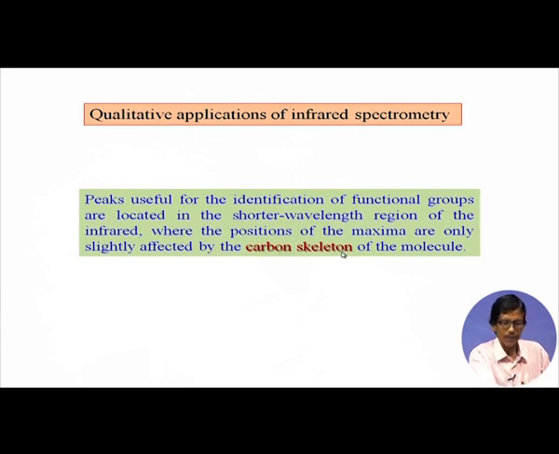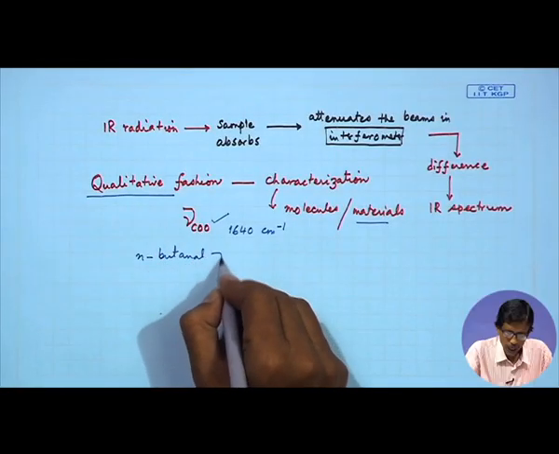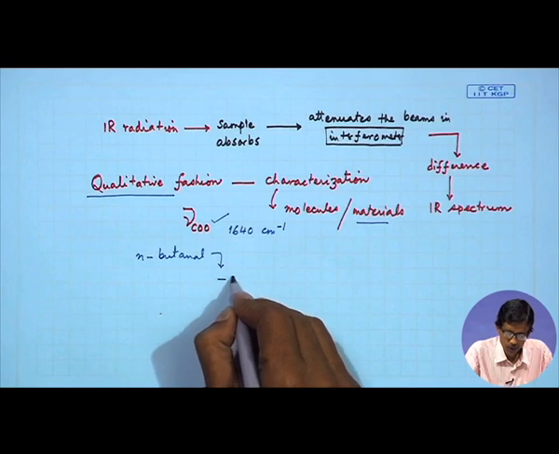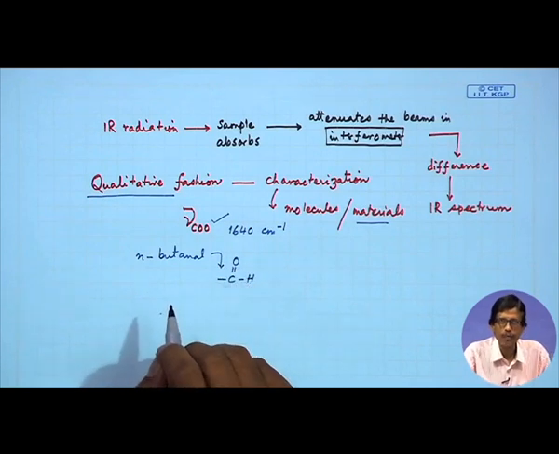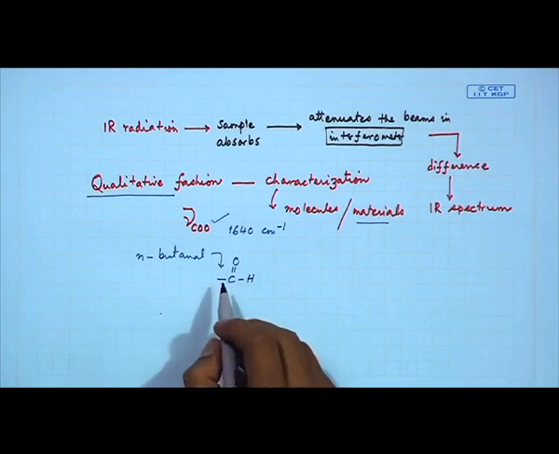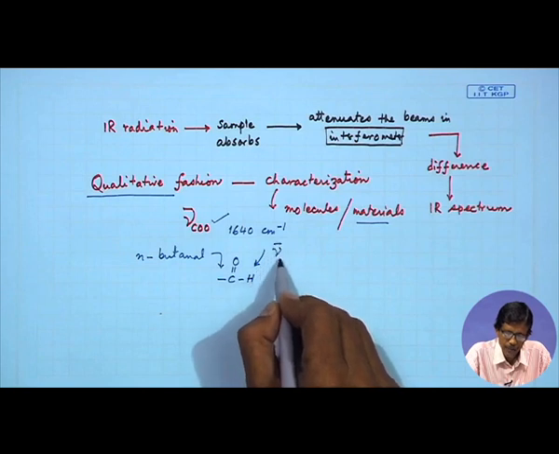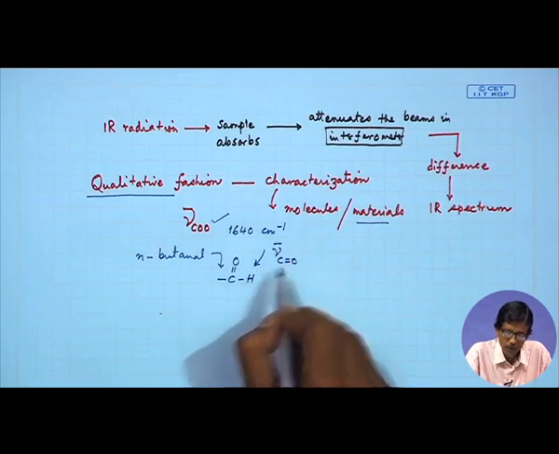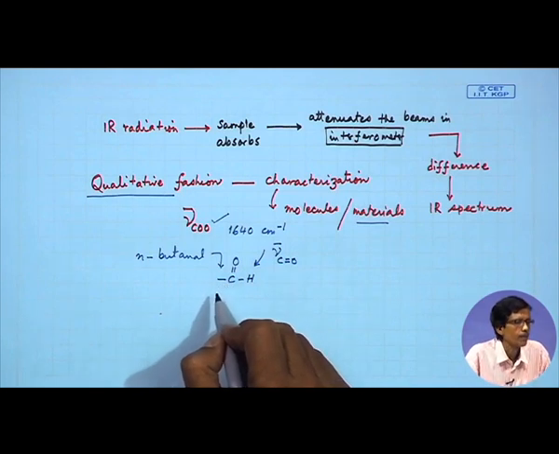As we have seen, we talked about N-butanol in one of our previous classes, where we considered the aldehyde function. So, this aldehyde function will be responsible for giving you the corresponding characteristic C double bond O stretching, which is also characteristic for the aldehyde function.